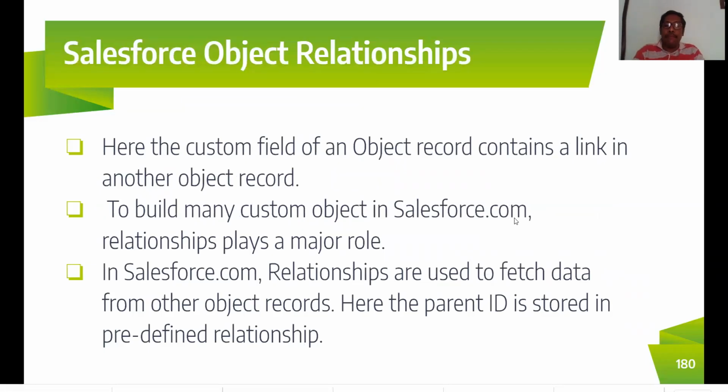Here the custom fields of an object record contain a link to another object record. Say, for example, I'm going to have a relationship between visit and sample. The marketing executive is going to visit the doctor and give a sample.